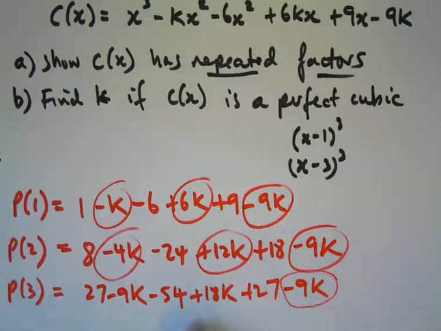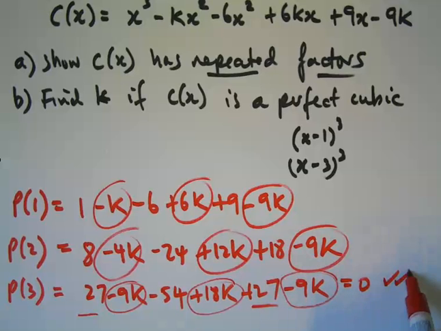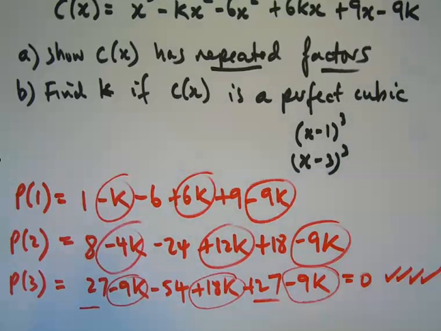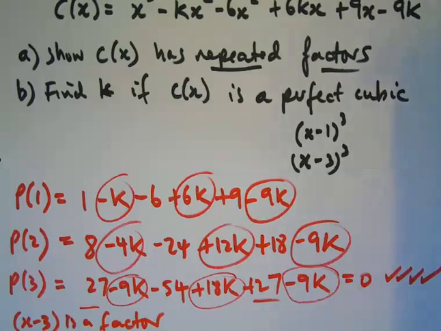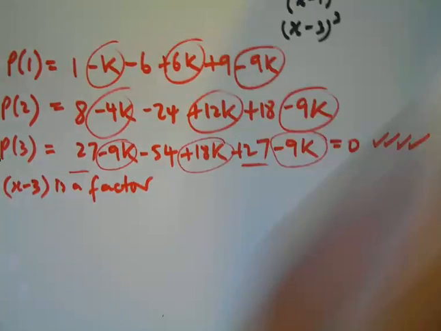Minus 9k is 9k minus, the k's have disappeared. 27 and 27 is 54 minus 54 equals 0. So I found a factor. P of 3 equals 0. Therefore, I know that x minus 3 is our factor. I'm going to do a division and see if I can find some more factors.